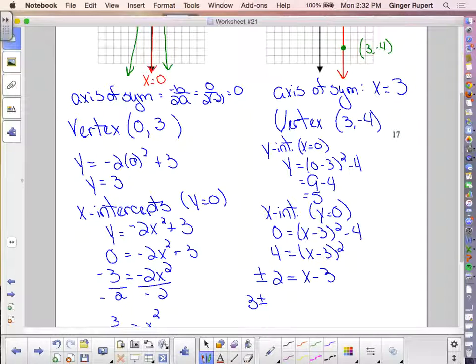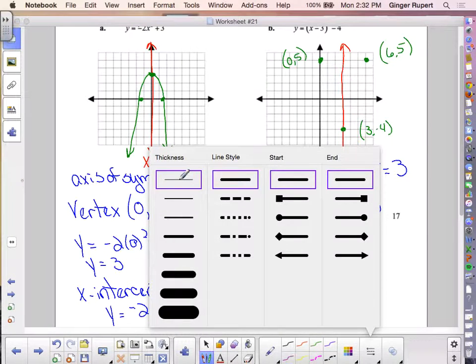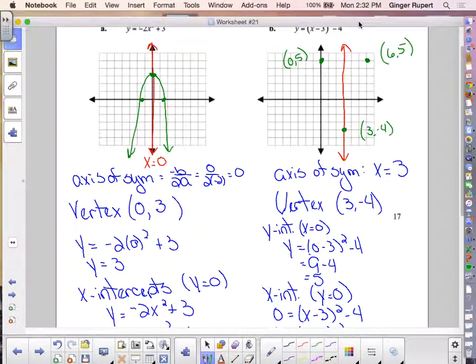So 3 plus or minus 2 is equal to x. So that means x is equal to 3 minus 2, 1. And x is equal to 3 plus 2, which is 5. So let's go back up and put those intercepts. So I have an intercept at 1, 0 and 5, 0. And when I graph that, it should look symmetric about that axis of symmetry.